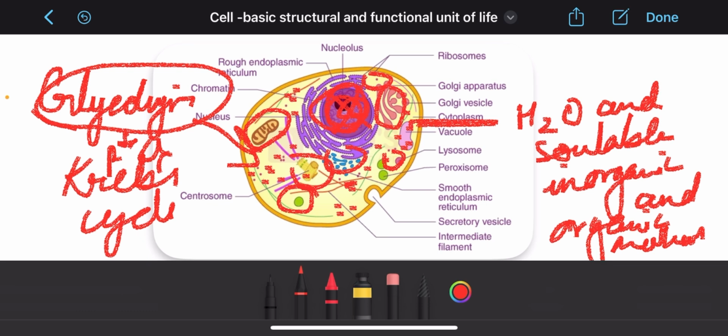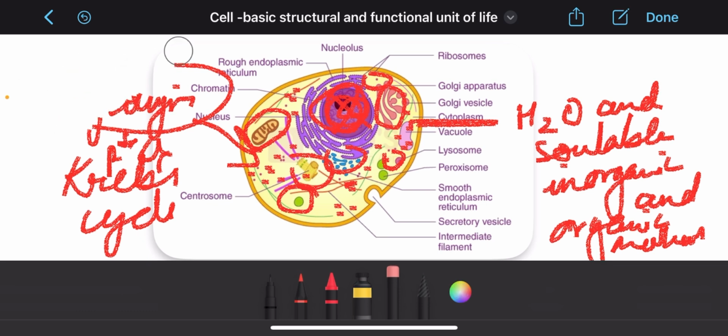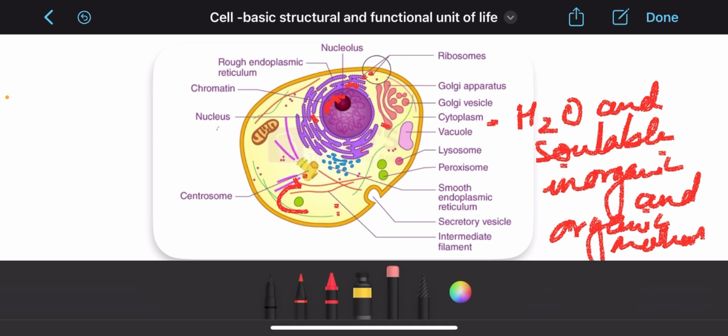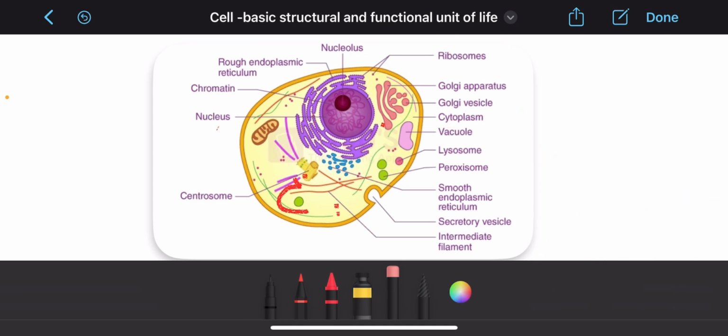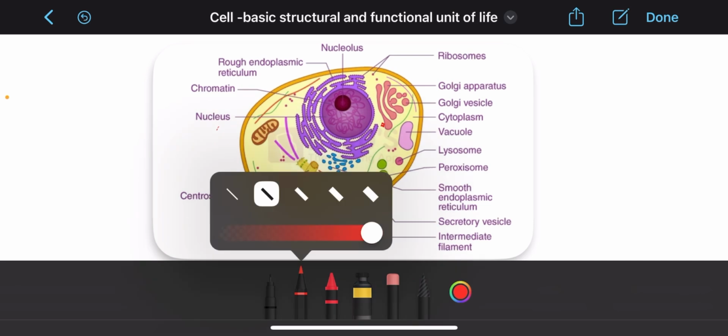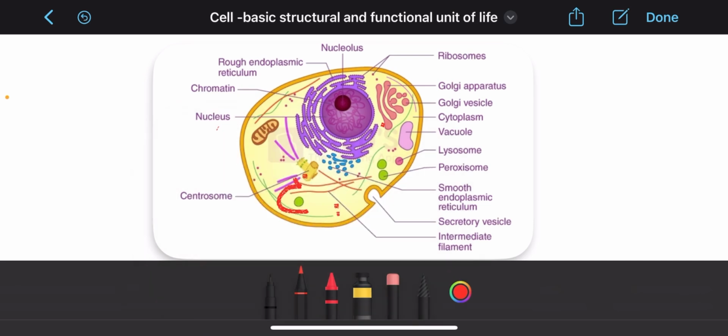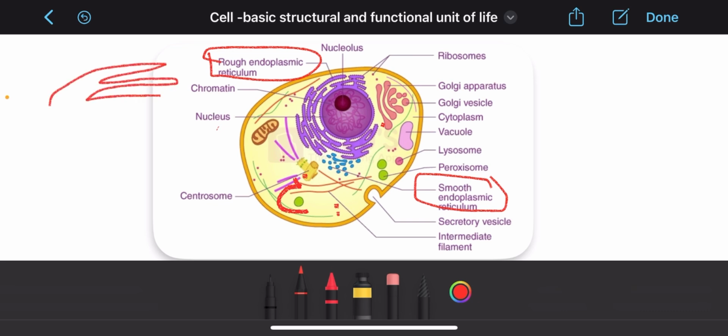Now, the next cell organelle is endoplasmic reticulum. There are two kinds of endoplasmic reticulum present inside the cell. What are the two types? Rough endoplasmic reticulum and smooth endoplasmic reticulum. Now, this endoplasmic reticulum is a tube within a tube system, means double membrane it is.